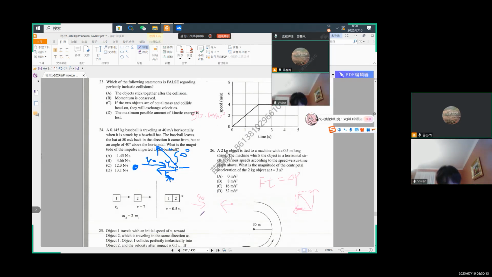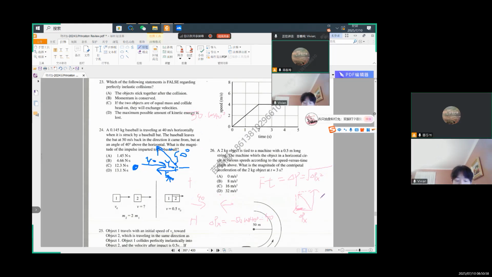So in the horizontal direction, my delta px is negative, because this one is obviously positive and this one is negative. So it's negative 50 cos 40 degrees minus 40, right? Does that make sense? And so this is my delta px, right?